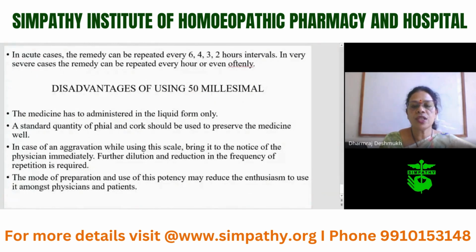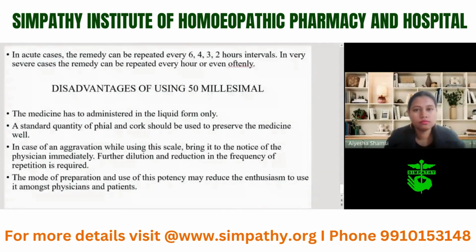So this is one of the best potencies which can be administered. And my own experience is I have also used this 50 millisimal scale in my family also. To my son, I have given this 50 millisimal potency. So I know that this is one of the potencies which can be used.